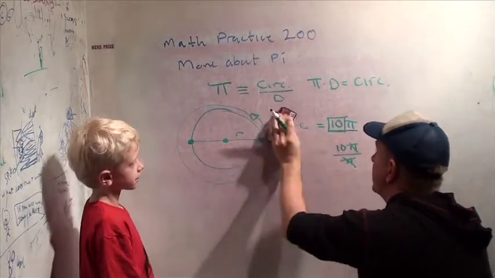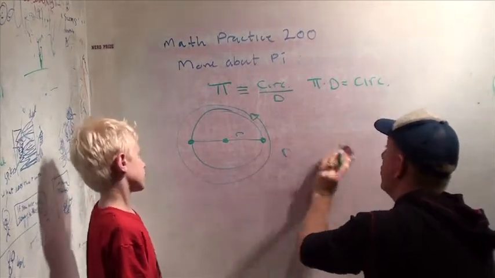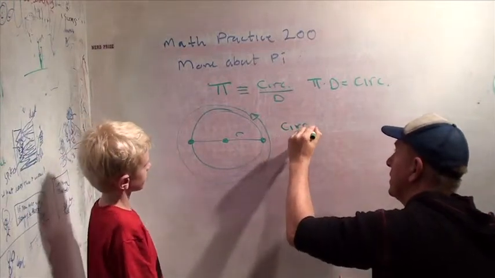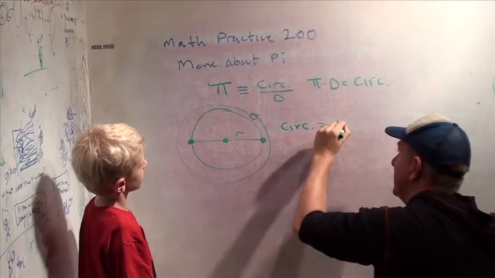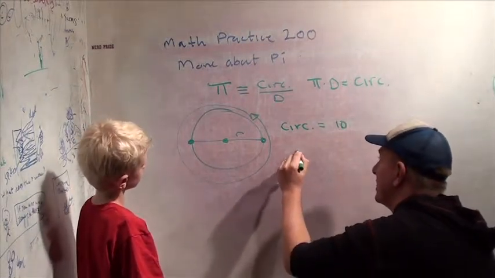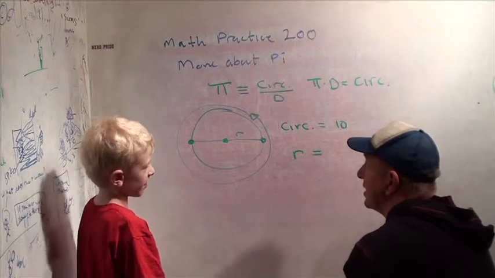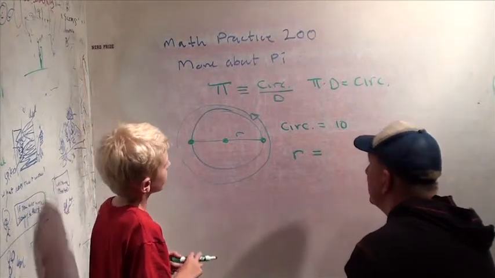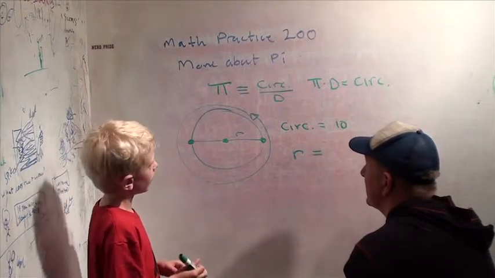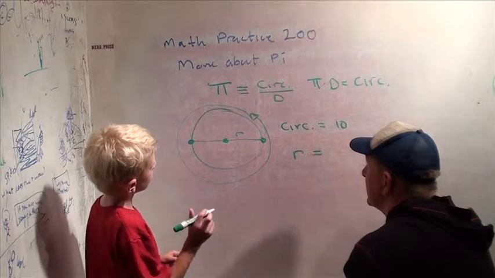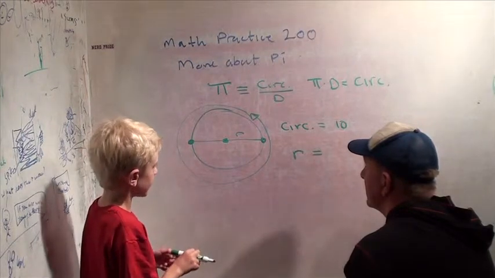But what if the circumference doesn't have a pi in it? Ooh. What if the circumference is 10? Ooh. Now what's the radius? 5 pi? No. What would we do? Well, we have to get the diameter.